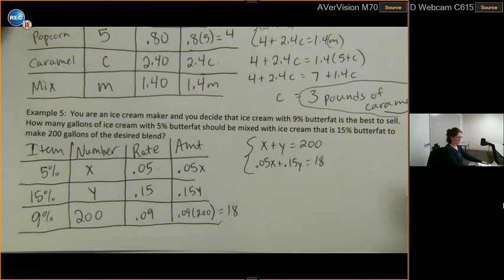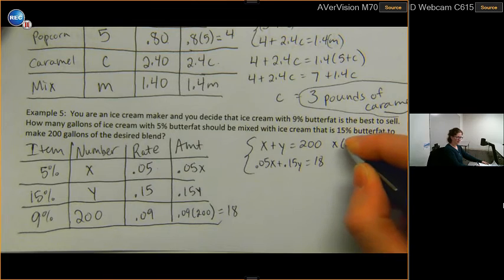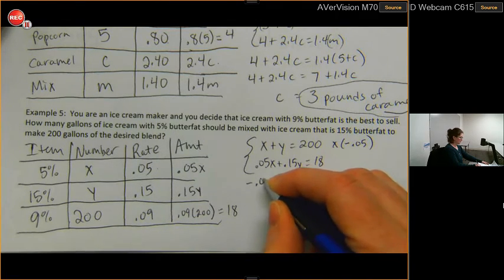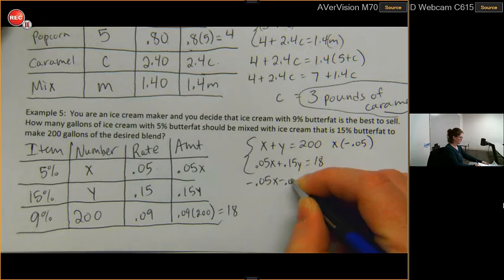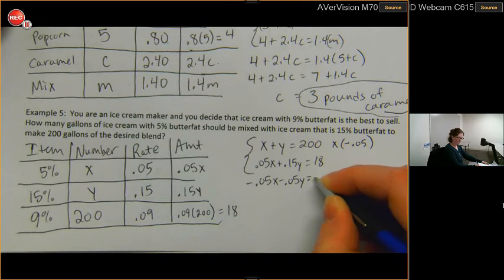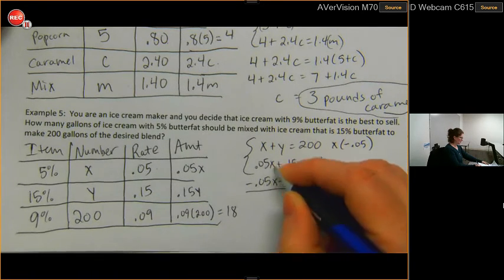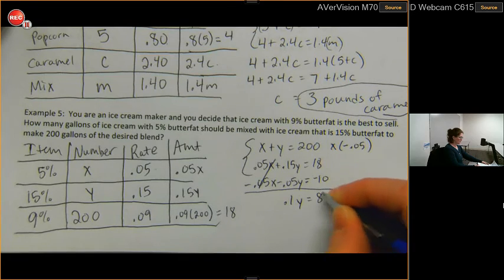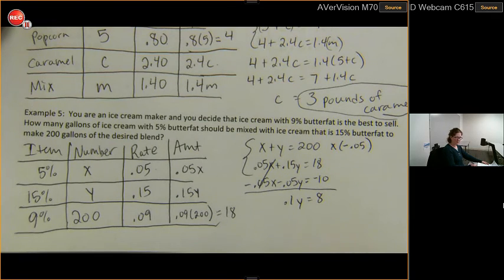Solve by elimination. I'm going to take the top equation, multiply by negative 0.05. So the x's cancel. And then I'm going to divide by 0.1, and I'm going to get that y equals 80.